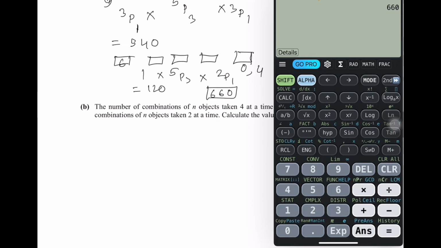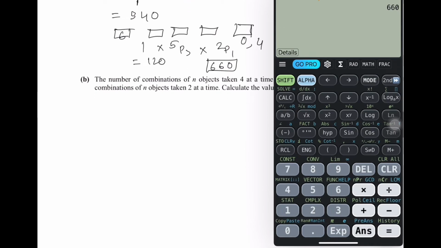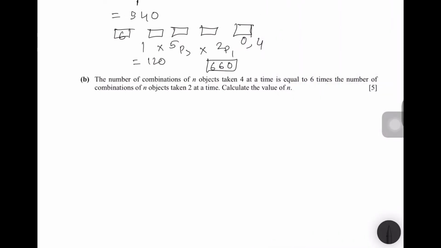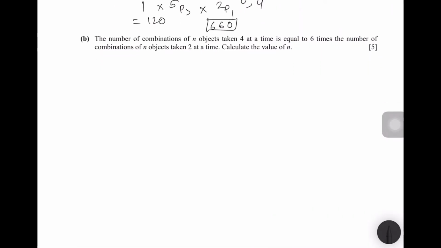Now let us see question B. It is a bit different. The number of combinations of n objects taken 4 equals 6 times n minus 1 objects taken 2.